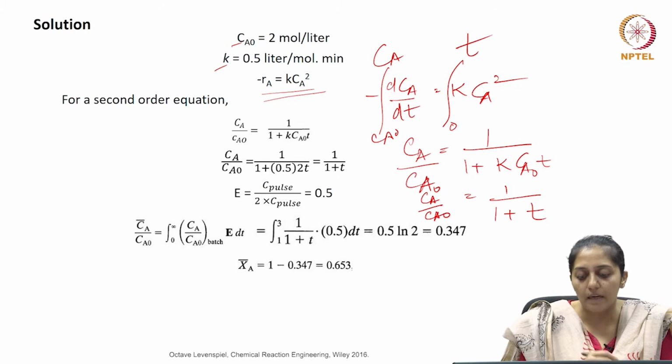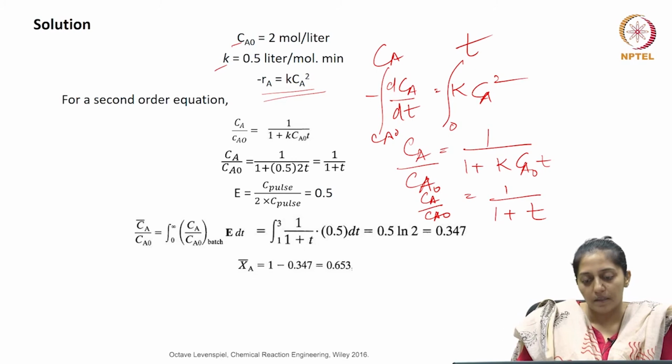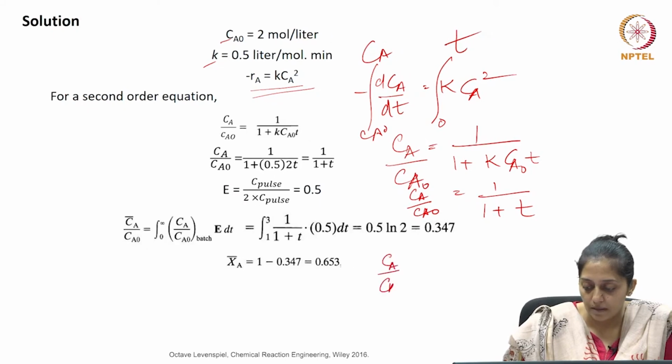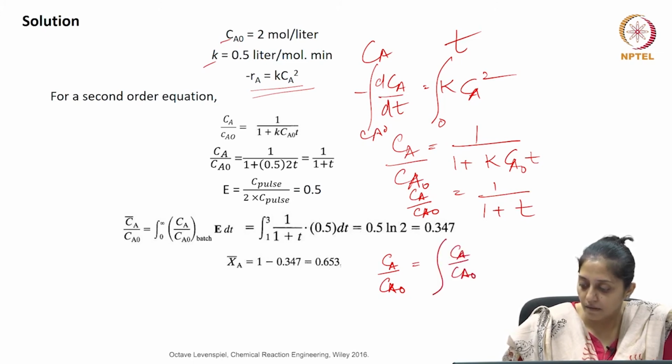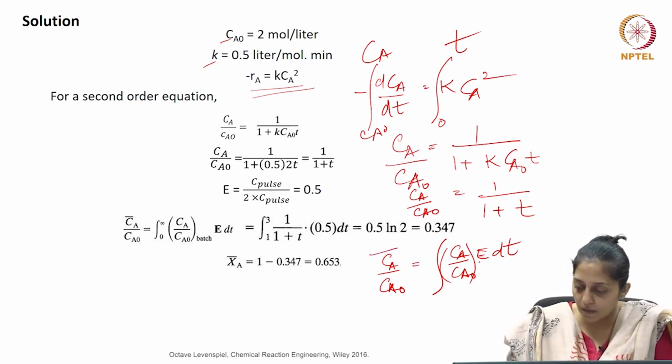Now the E curve, we know, is C pulse divided by the area under the curve, and by convolution integrals, if you remember, this fraction will be so this is actual and this is theoretical.